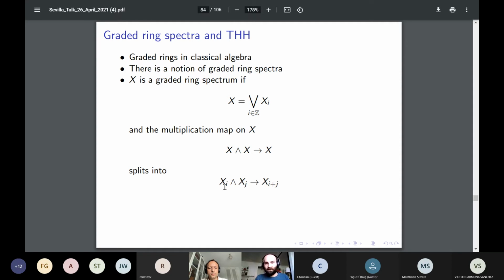You impose that the multiplication takes the degree i part and the degree j part of the splitting to the degree i plus j part, just like in the classical notion of graded rings. And finally, you ask the unit to lie in degree 0. This is what the last statement says. So you can define the notion of a graded ring spectrum in this way.